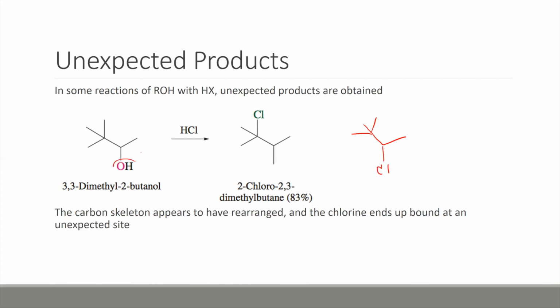Our alcohol became a chlorine. But we don't see that. In fact, it seems that our carbon skeleton rearranged and the chlorine ends up bound at an unexpected site, right? Now it's here and it seems almost like one of these methyl groups is now here instead.